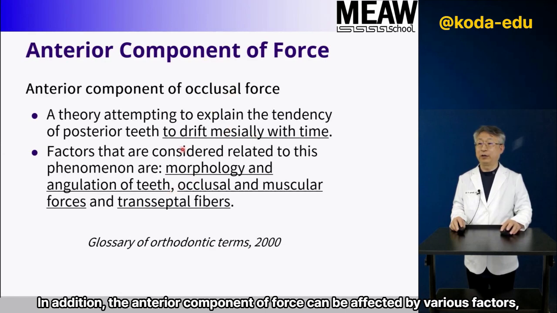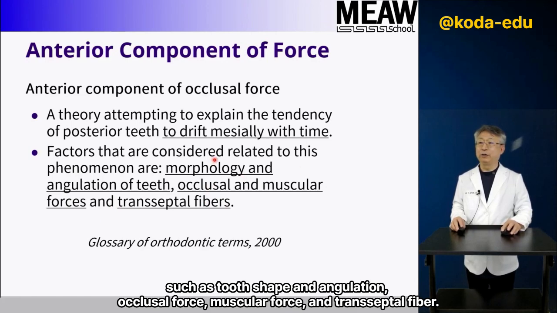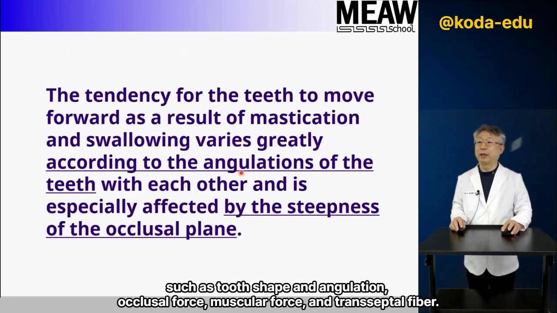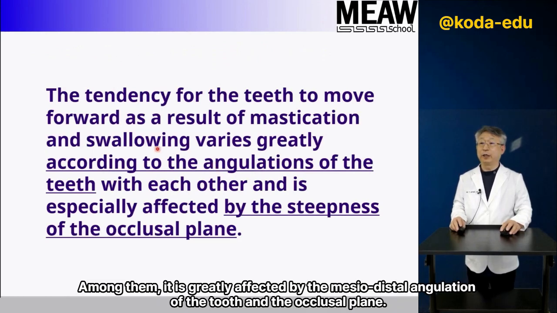In addition, the anterior component of force can be affected by various factors, such as tooth shape and angulation, occlusal force, muscular force, and transseptal fiber. Among them, it is greatly affected by the mesiodistal angulation of the tooth and the occlusal plane.